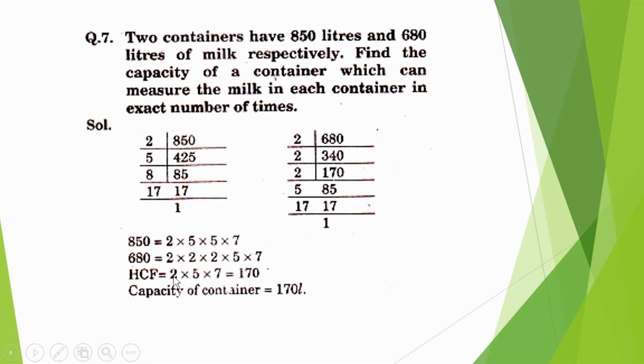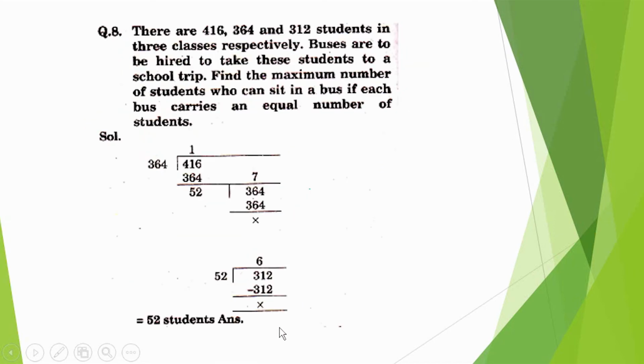Now 5 comes. Now multiply these values. The highest common factor is 2, and here are 5 and 7. Now when we multiply these values, the answer comes 170. The capacity of the container is 170.